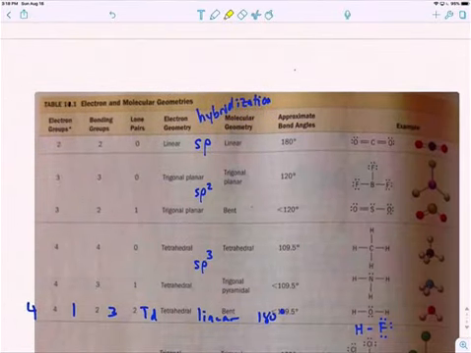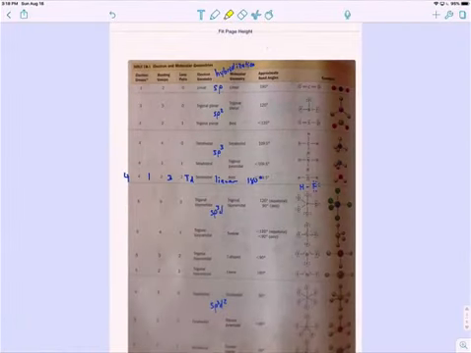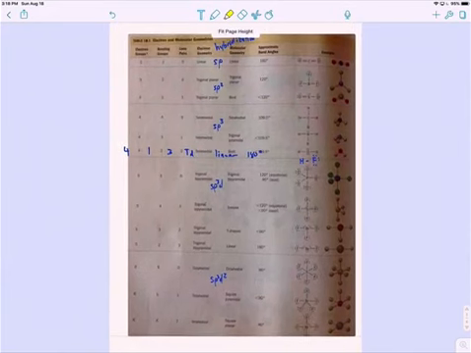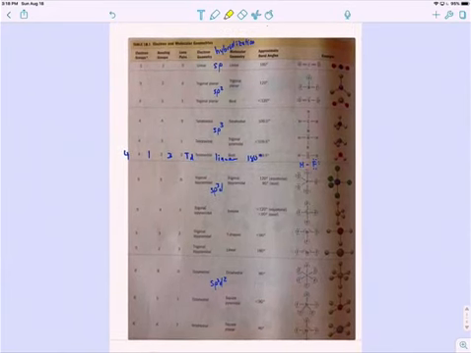Okay, let's summarize. Here is the summary. If you have two electron groups and they're both bonding, then this is a linear electronic geometry. I'm going to include hybridization now. We're going to talk about hybridization later. But anything that has linear electronic geometry is going to have an sp hybridization. Carbon dioxide is an example of that.